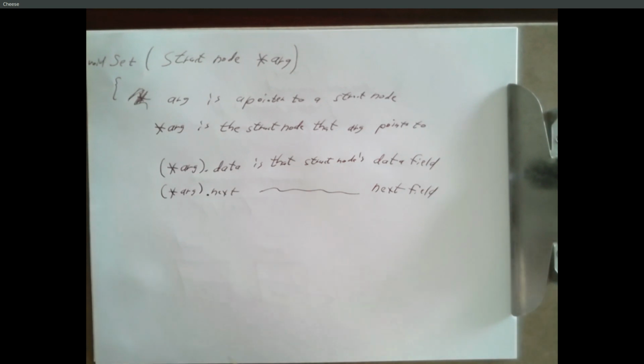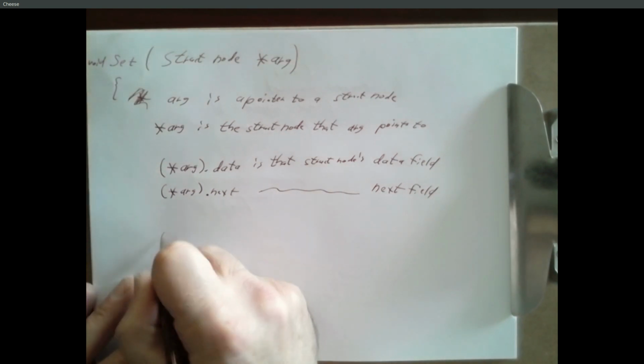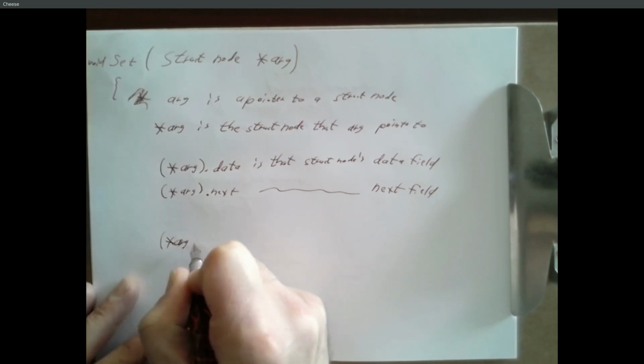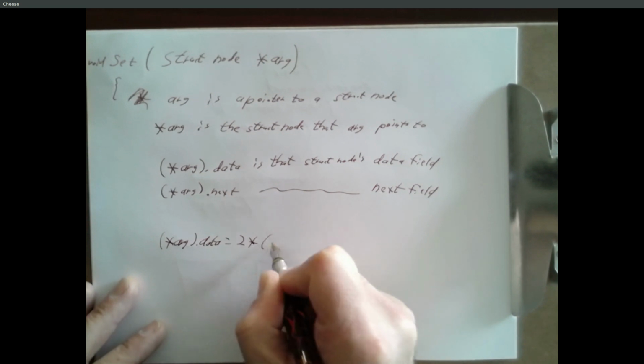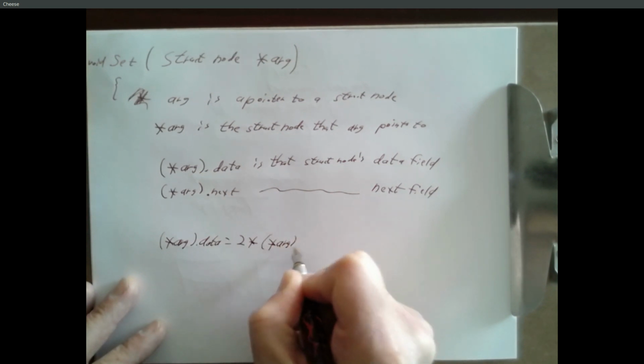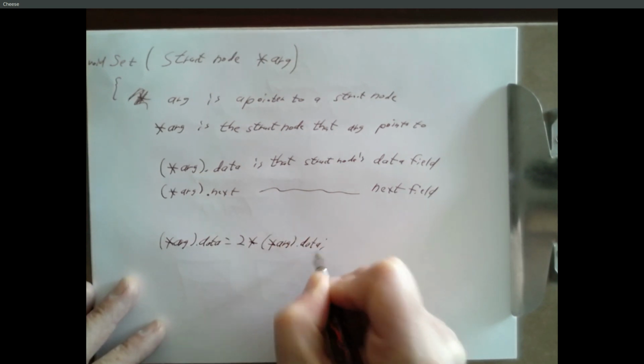All right, so how would we write a statement in C that doubles the struct node's data field? Someone take a shot. Star arg dot data equals 2 times star arg dot data. Perfect. That's all you got to do.